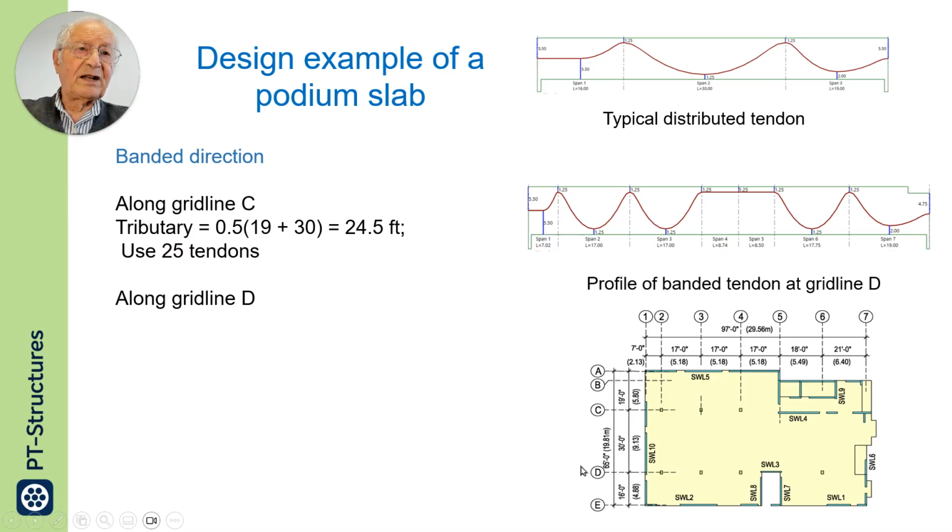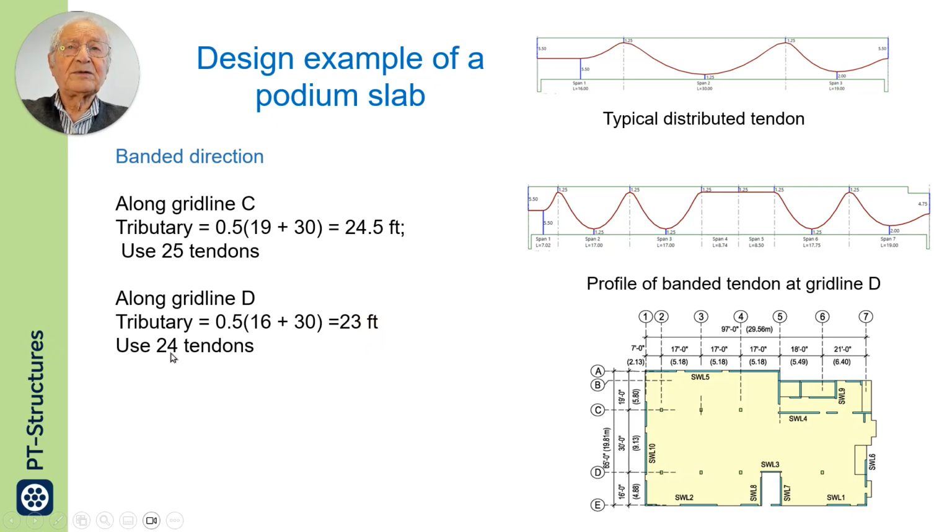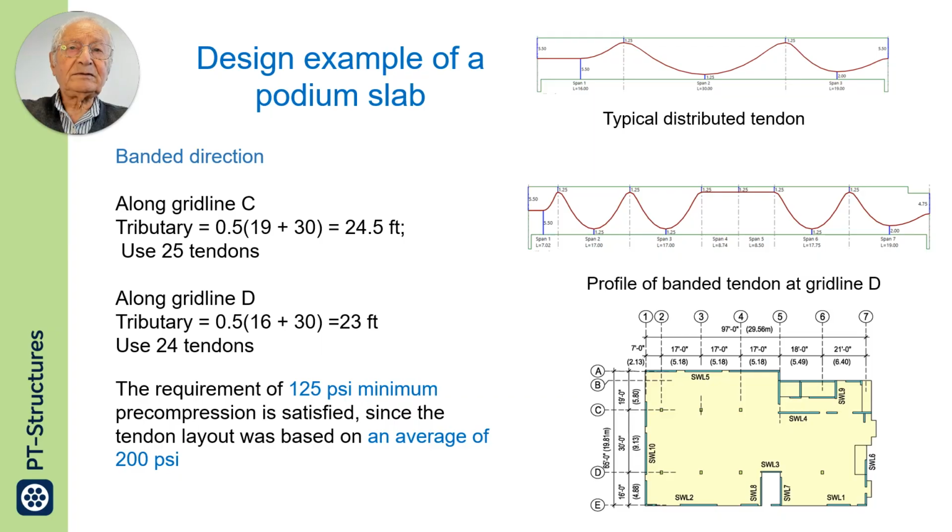Look at grid line D here. Its tributary is 23 feet. I assume 24 tendons. The requirement of 125 psi will be met because I have an average of 200 psi.